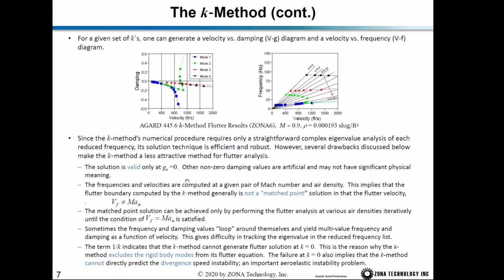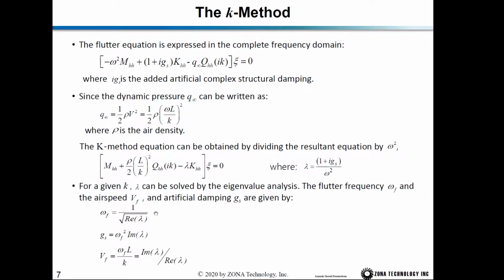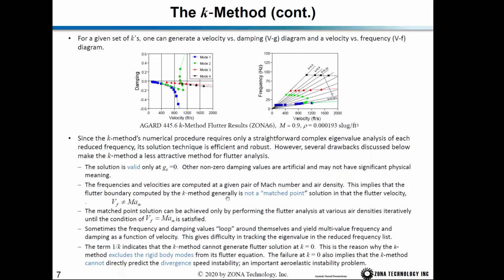And the frequency and the velocity are computed at a given pair of Mach number and density. This implies that the flutter boundary computed by the K method generally is not a match point solution. Because V is a part of the K method solution, for a given Mach number and air density, the velocity is simply Mach number times speed of sound, but this velocity may not be the same as the Mach number times speed of sound.